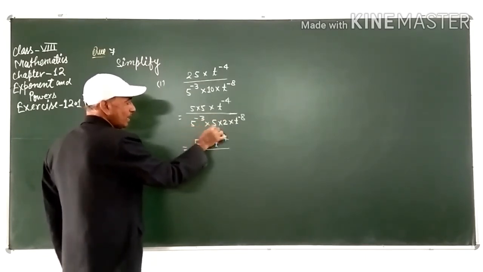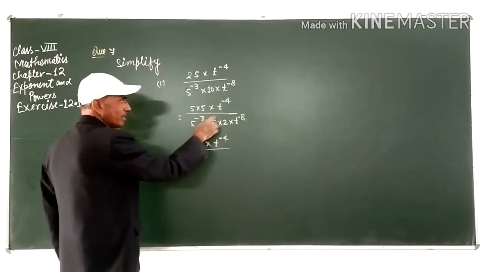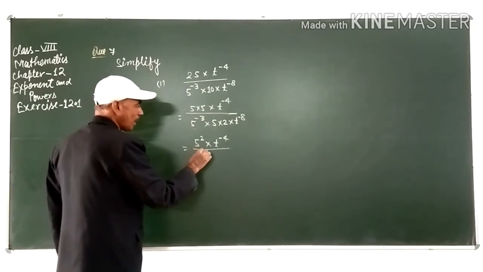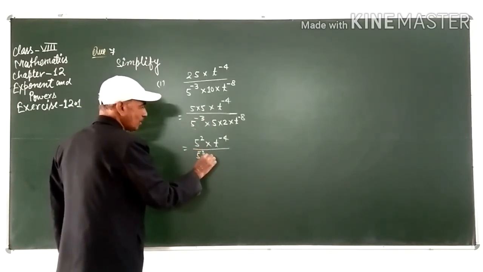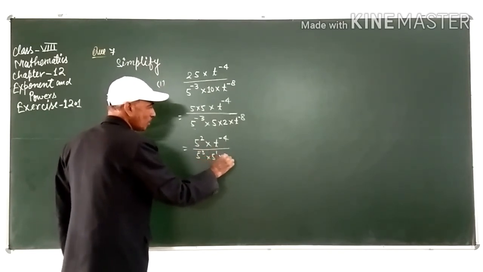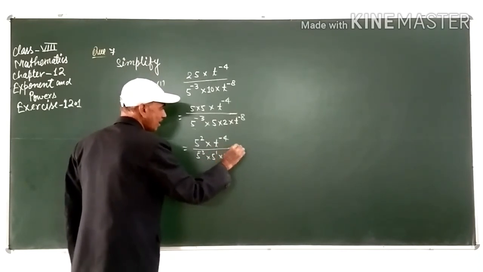Students, if bases are equal then exponents will be added. So this one has exponent 1, so 5 to the power minus 3 into 5 to the power 1 into 2 into t to the power minus 8.